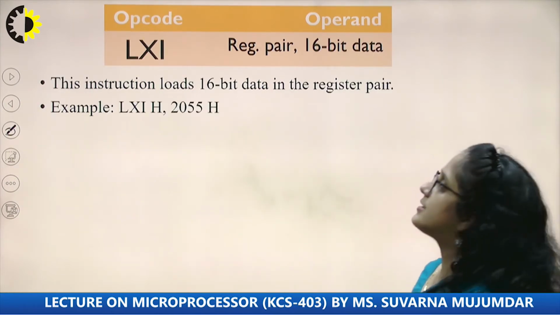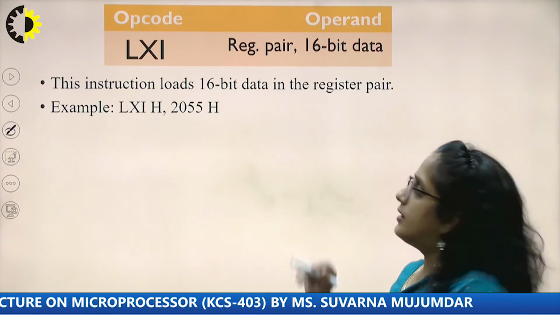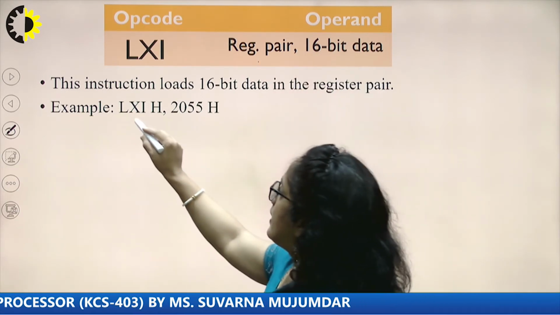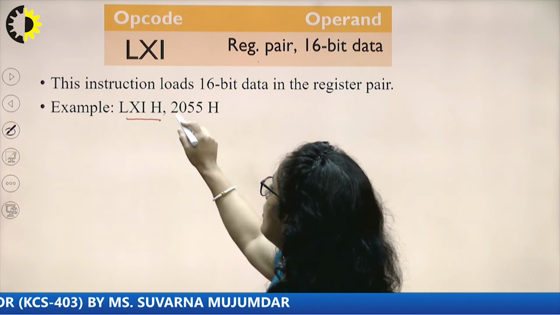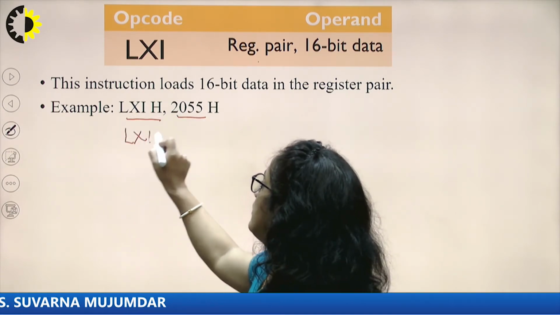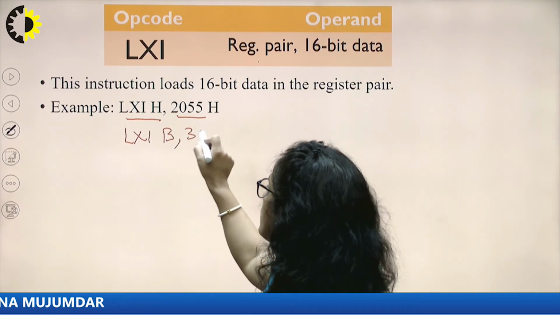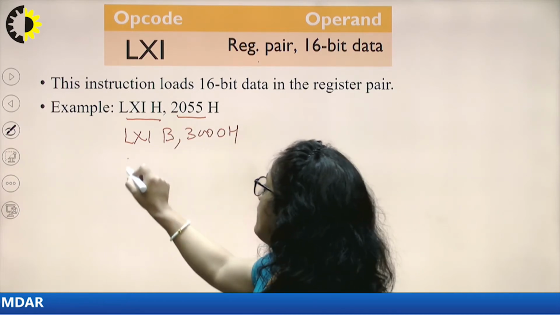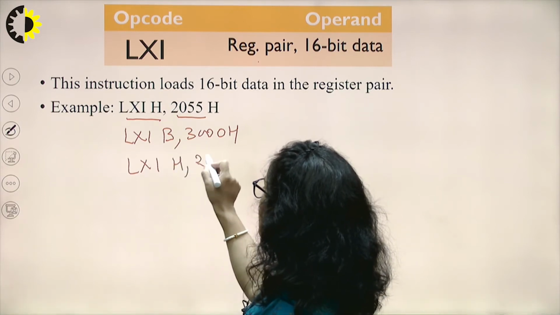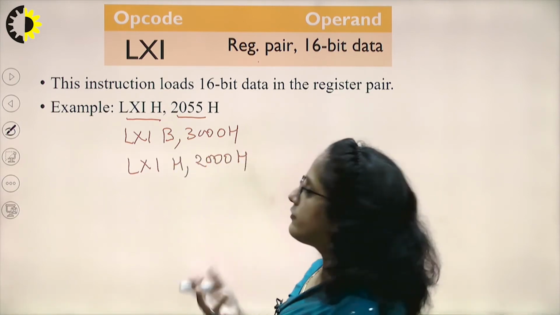The next instruction is LXI. Here it is LXI register pair, comma, 16-bit data. For example, LXI H comma 2055, or LXI B comma 3000, or LXI H comma 2000.